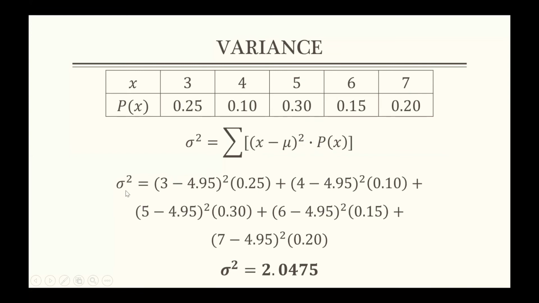For sigma squared, the variance, that is equal to, let's take it one by one, open parenthesis, 3 minus the mean from the previous slide, 4.95, and then squared, multiplied to the probability of 3, plus 4 minus the mean, the one we got earlier, squared, times 0.10, plus 5 minus the mean squared, multiplied to its probability, plus 6 minus 4.95 squared, multiplied to 0.15, plus 7 minus the mean squared, multiplied to 0.20.